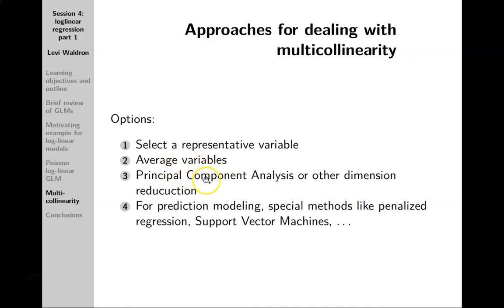You could do a principal components analysis or some other dimension reduction that will replace your original variables with components that are orthogonal to each other. So principal components are never collinear with each other. They're actually completely orthogonal.